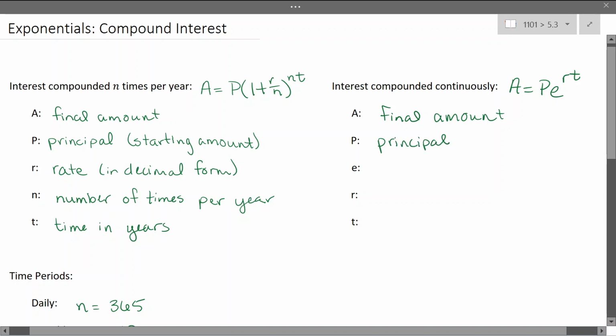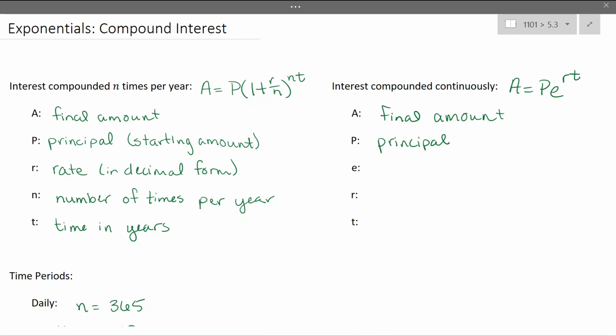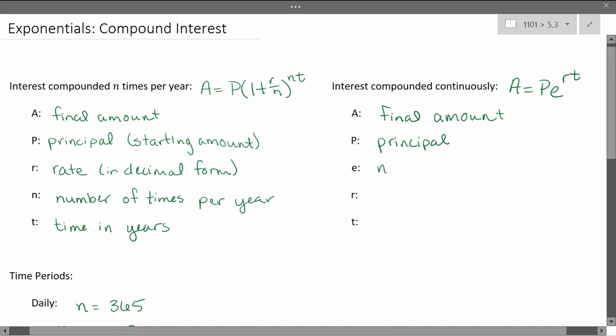E is a special thing in math, just kind of like pi, and that is the natural exponential. Its value is approximately 2.718282.